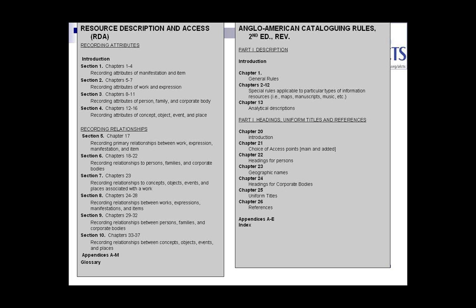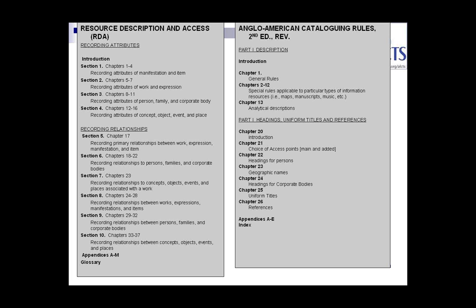You'll notice on the left side of the screen you have the two main sections of RDA are recording attributes and recording relationships. The first four sections deal with recording attributes of manifestation and item, of work and expression, of person, family, corporate body, of concepts, objects, events, and places.